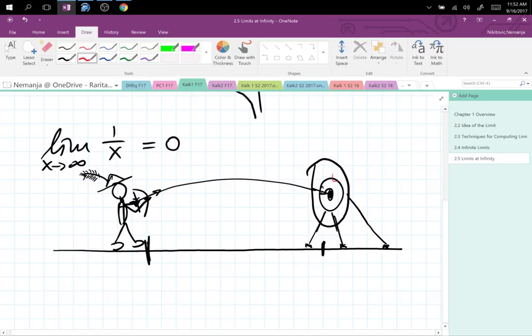So what's happening here? Somewhere is the halfway, and the halfway remains. But then there is a half of that half, which we know is a quarter. And then there is a half of that half, which is an eighth, and the half of that half, which is a 16th, and so on.